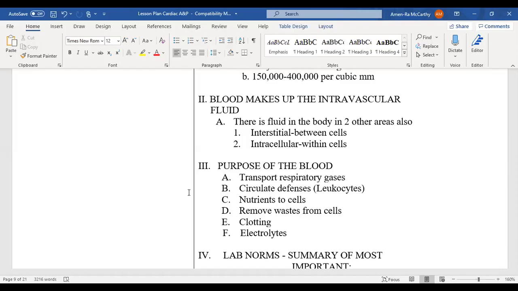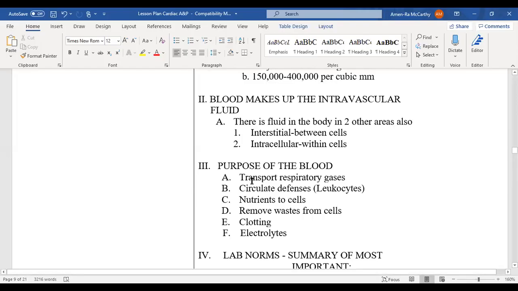Within the cell or inside the cell. Good. Now, speaking of inside the cell, which electrolyte is found inside the cells? Potassium. And which one is on the outside that's wanting to come in? Sodium. And when the sodium creeps in, that causes depolarization or contraction of the heart, right?